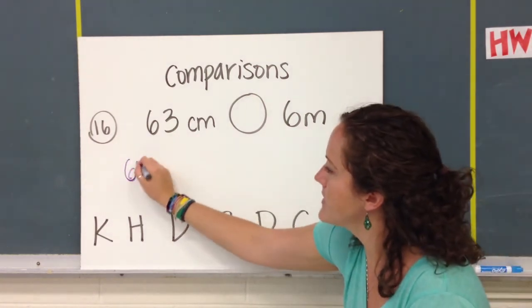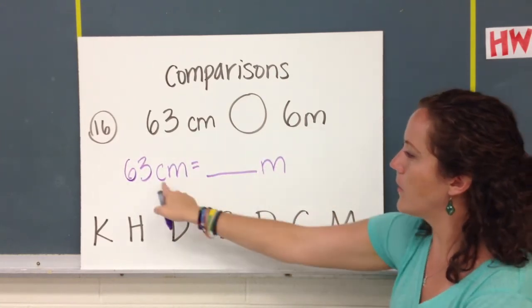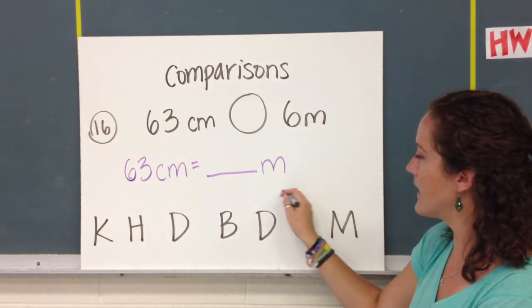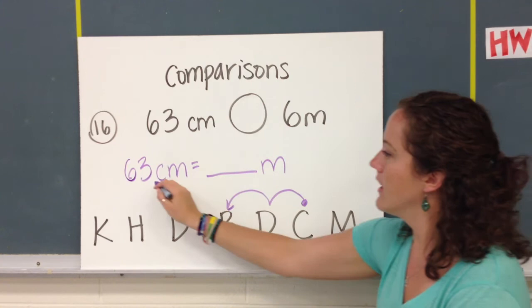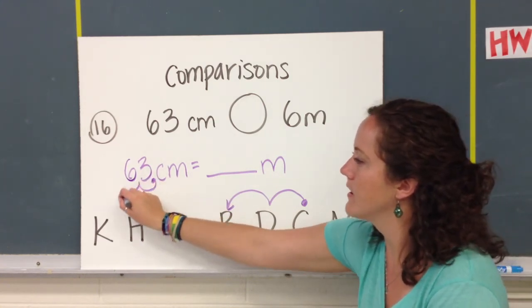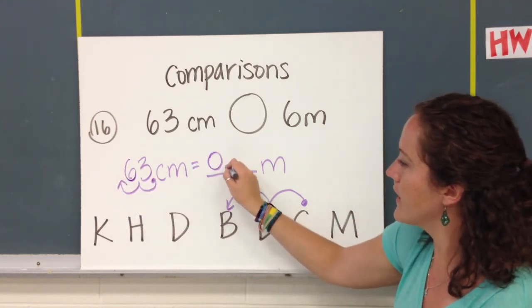So I'll rewrite this. We know centimeters, we're trying to find meters. So I'll start with my decimal and I'll move it to the basic unit. And I'll do the same thing here. Remember, decimal is like a period at the end of a sentence. Okay, it is moved to the front of that number. I need to put a 0 in front of it.